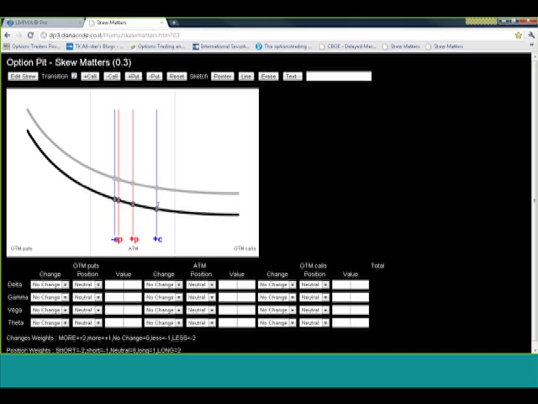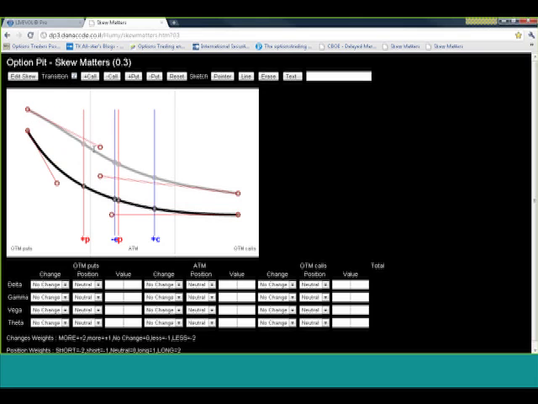All right, so let me show you this. Here's the short call, short put, here's the long call, and here's the long put. Now what I'm going to do is edit the skew here. And look at how, as I steepen that skew, this out-of-the-money put just explodes.